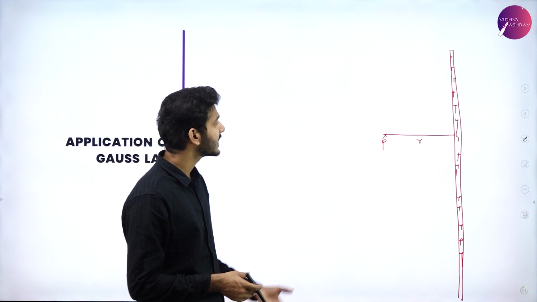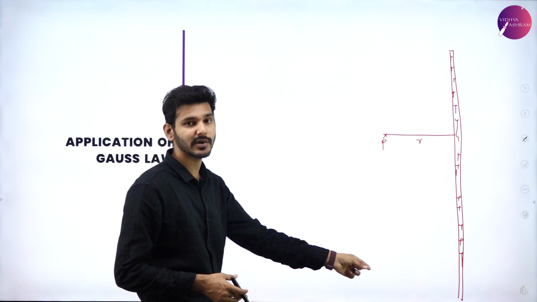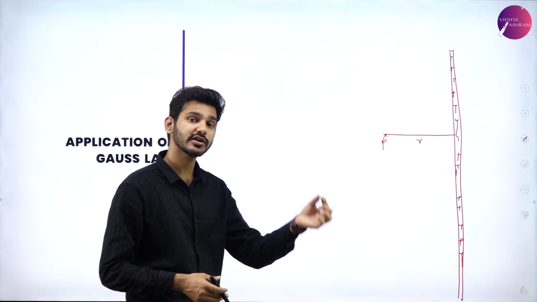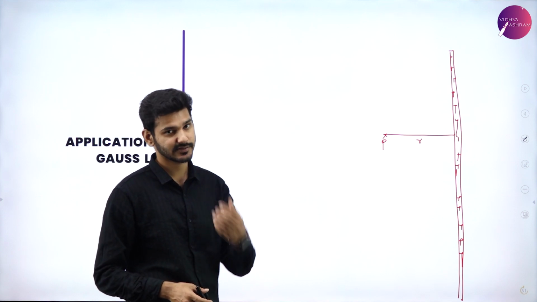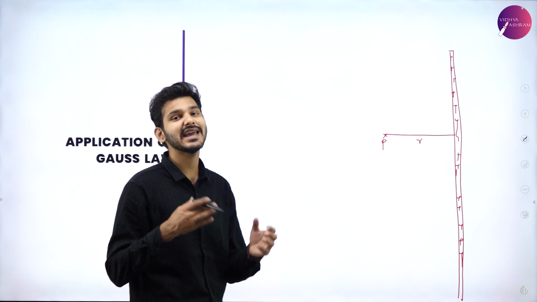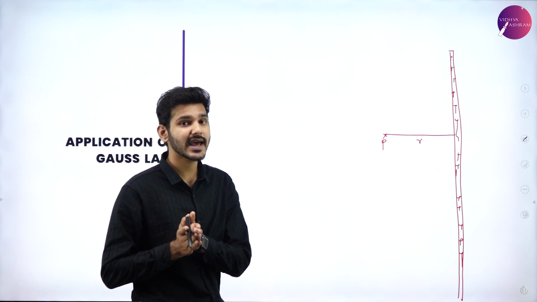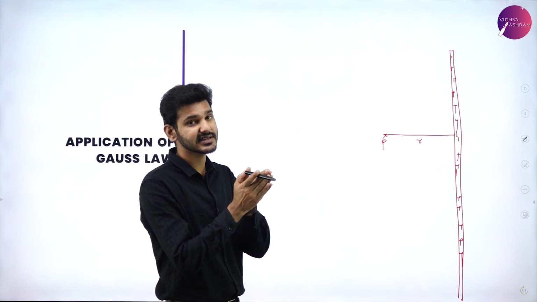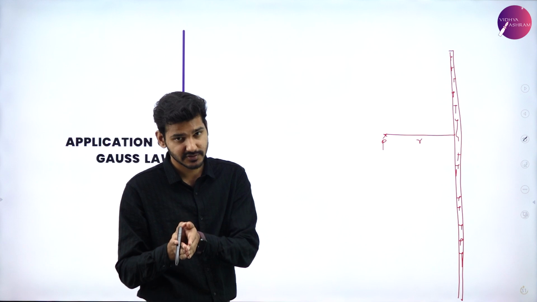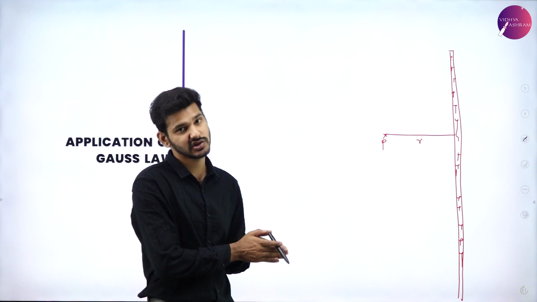Since this is a linear element, we are considering a Gaussian surface which is a cylinder. A Gaussian surface can be any surface which agrees with the symmetry arguments, which means that if we take a particular distance, the symmetry should be kept, so the electric field does not change.